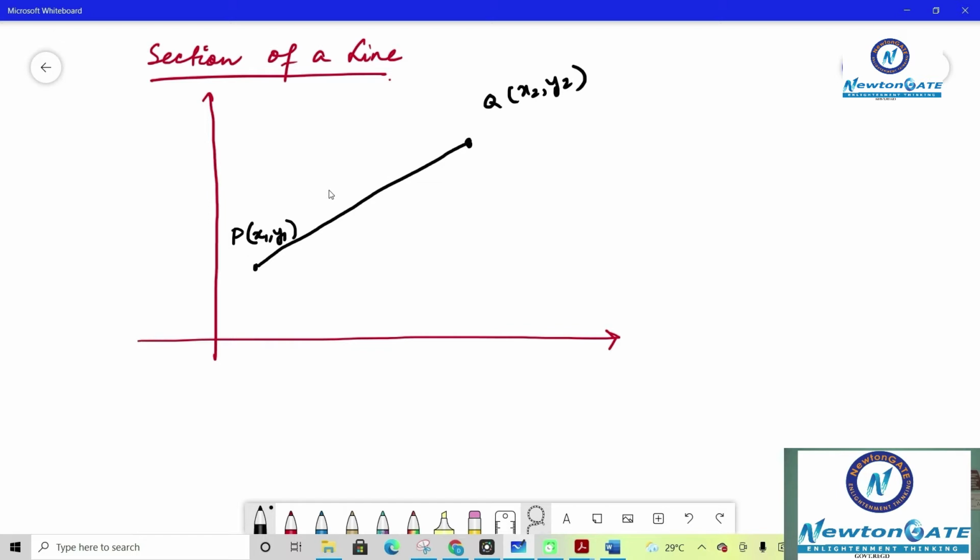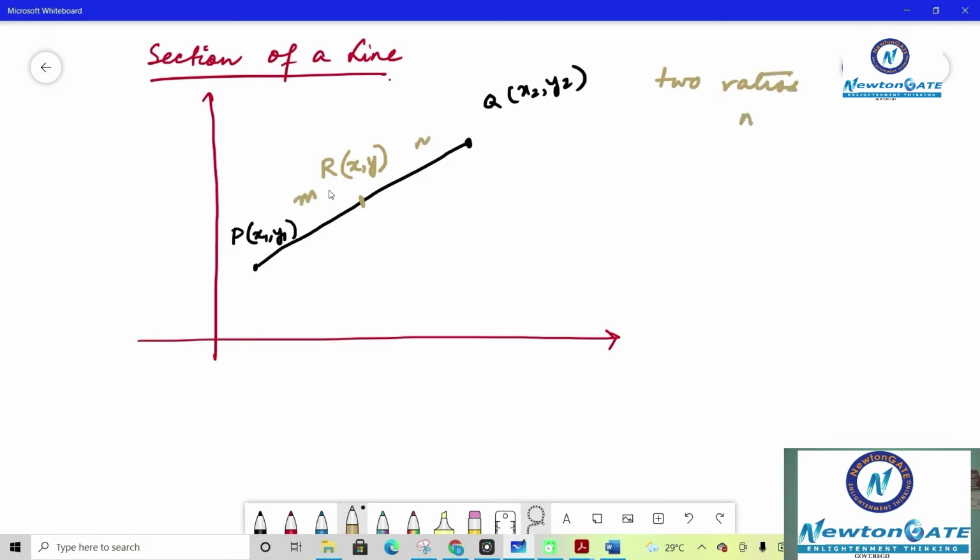And now, what is section of a line? We can take that R is a point, let us say R is x comma y. This is a point on the line PQ which divides the line into 2 portions, or we can say it divides into 2 ratios, which is m and n.